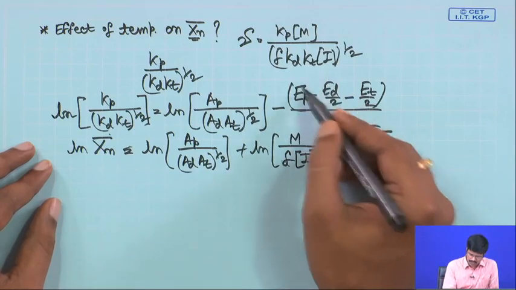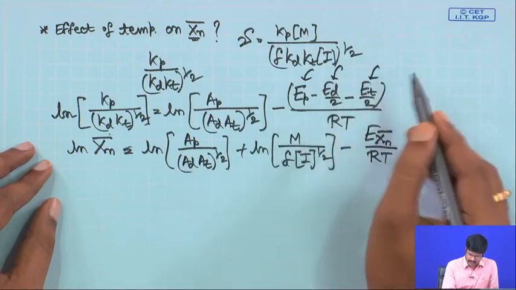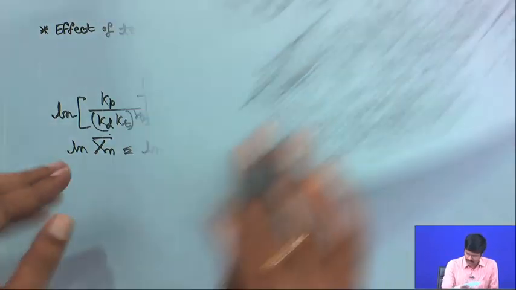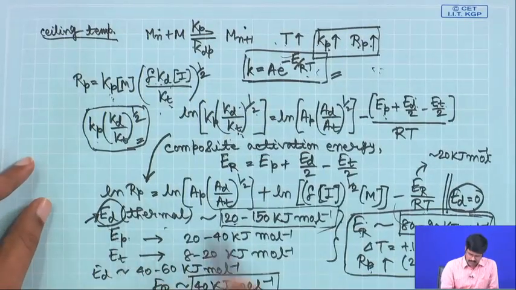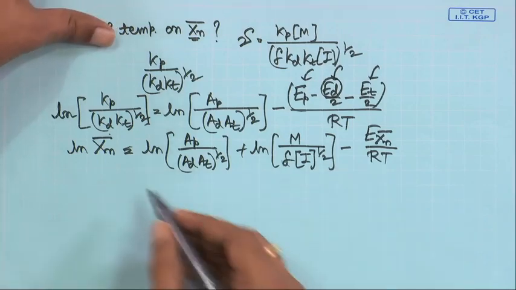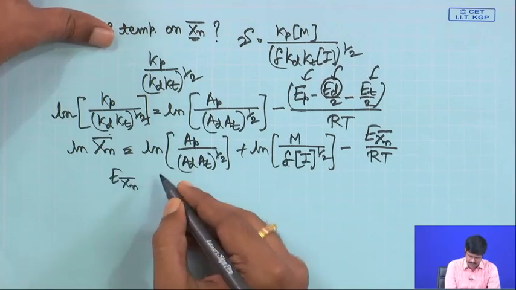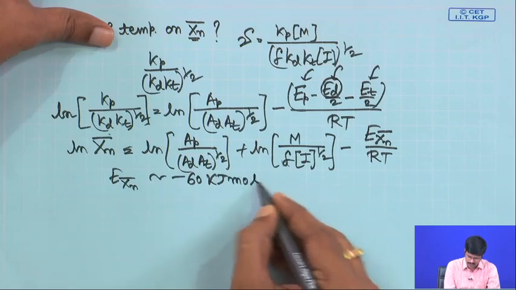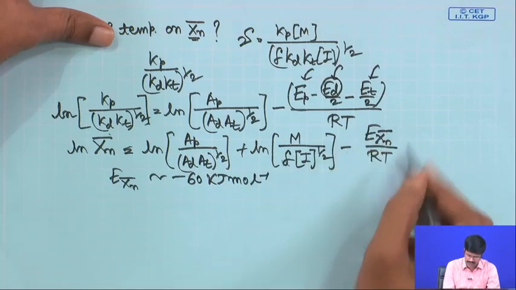So, if you put the values here and consider the value of Ed, the dissociation energy for the thermal case, which was 120 to 150 kilojoules per mole, then the term E Xn bar comes out negative, around minus 60 kilojoules per mole. So, that term is negative, and this term then becomes positive.